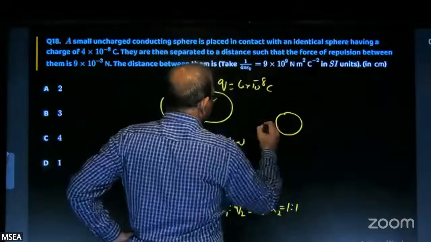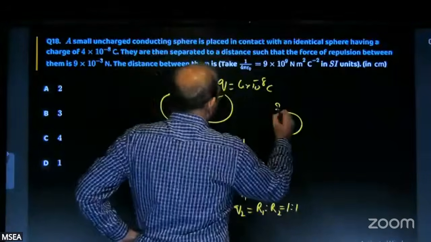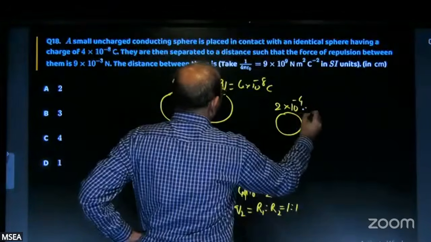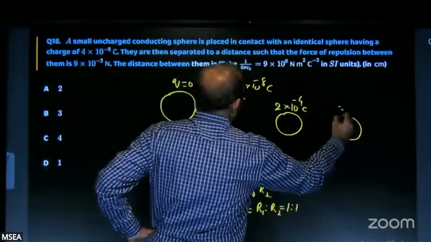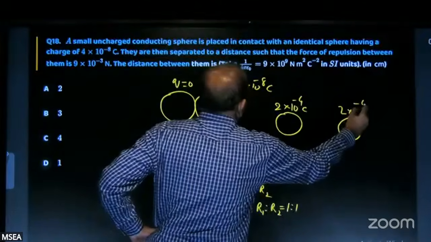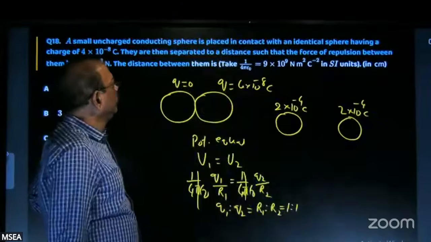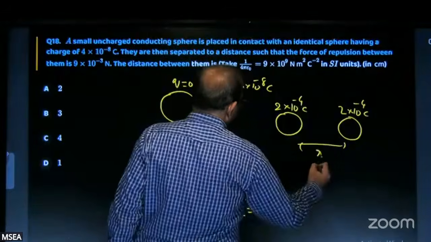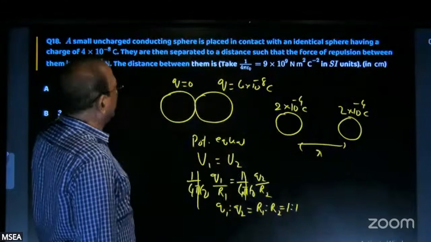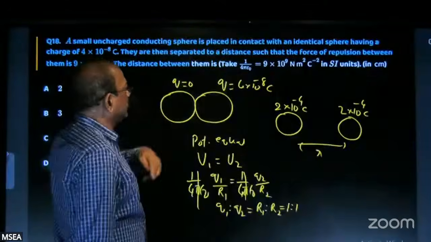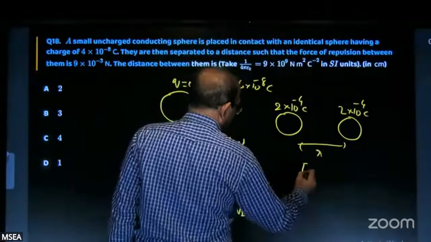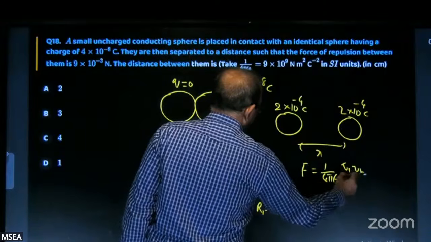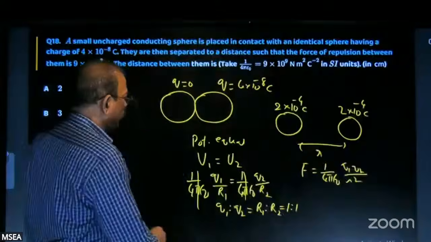That means this earlier uncharged sphere will now have half of this charge, 2 into 10 power minus 4 coulomb. The other also will now have 2 into 10 power minus 4 coulomb. They are separated by some distance. The force between them is given here, 9 into 10 power minus 3, and it is asking the distance. So apply Coulomb's law again: F is 1 by 4 pi epsilon naught q1 q2 by r square.